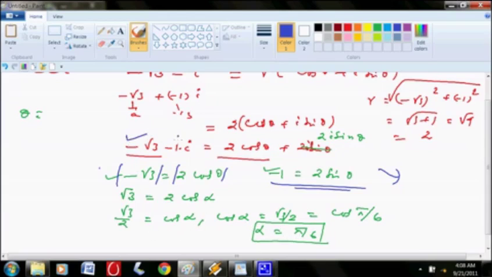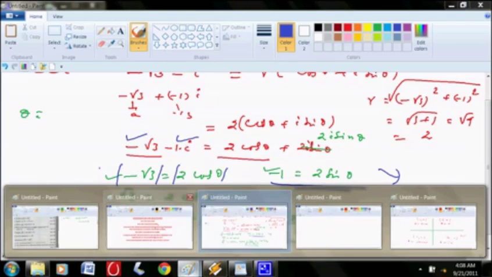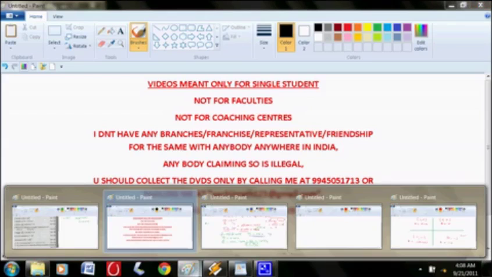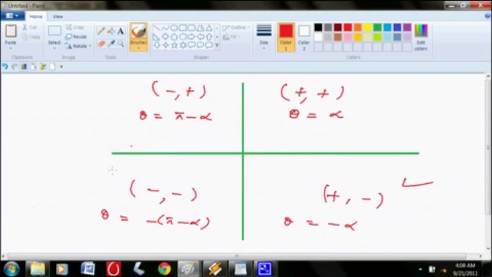These two are in the third quadrant. So as minus root 3 and minus 1 are in the third quadrant, in other words minus root 3 minus i, in the third quadrant my formula is minus of pi minus alpha.